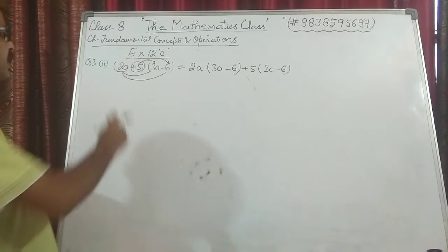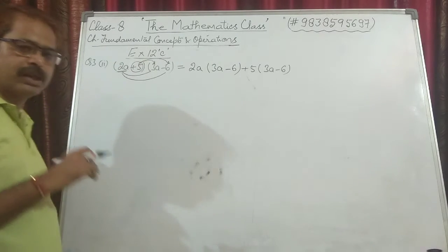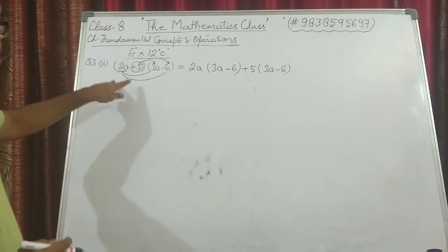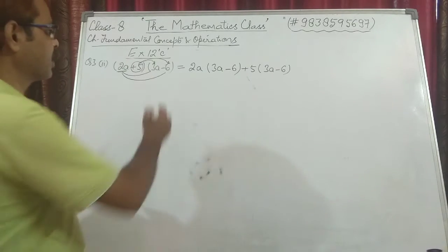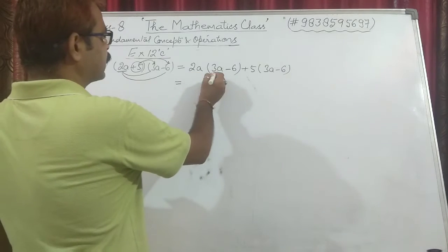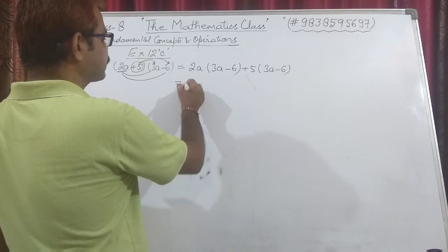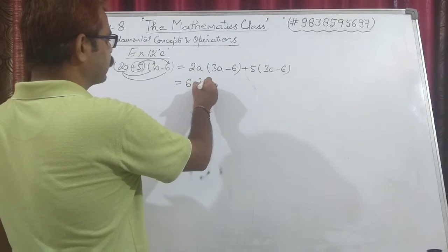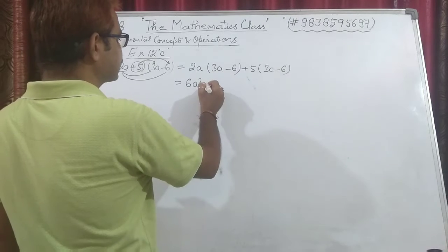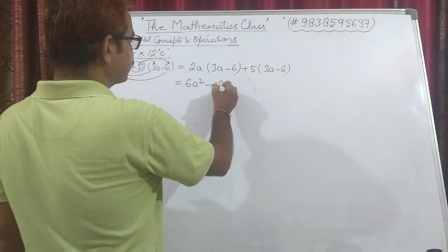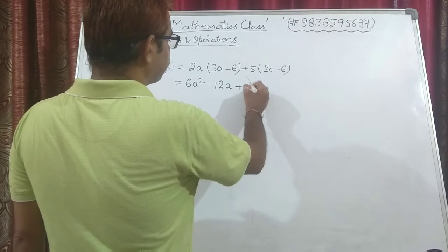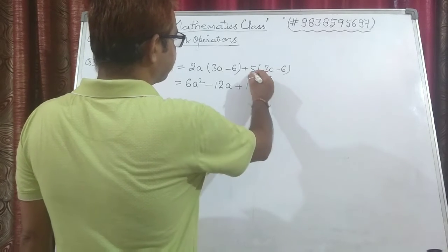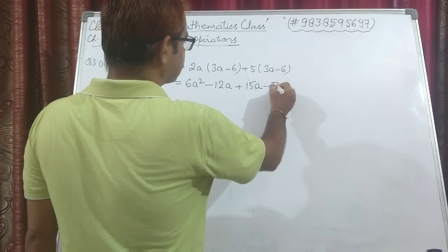So now you can see that in the first polynomial there were two terms. Both these two terms are multiplying to both the two terms of the second polynomial. Now when you solve it, you multiply 2a into 3a, that is 6a square. 2a into minus 6 is minus 12a, plus 5 into 3 is 15a, minus 6 5s are 30.